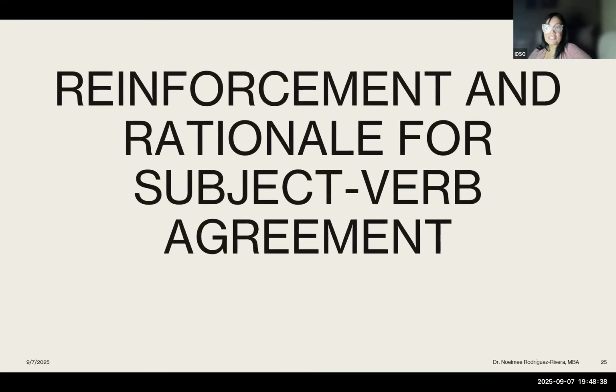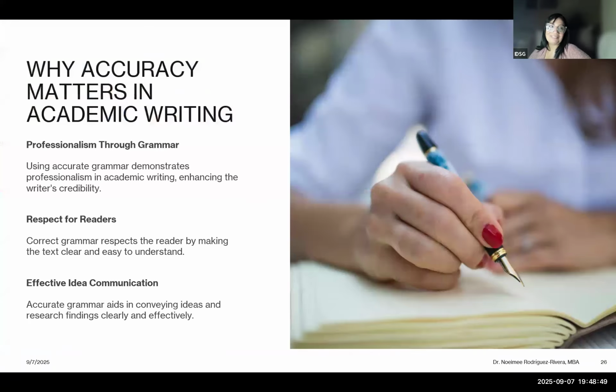This final section emphasizes why accuracy matters, how agreement improves reader comprehension, and reviews resources for continued learning. Accurate grammar reflects professionalism and respect for the reader, contributing to the effective communication of ideas and research findings.